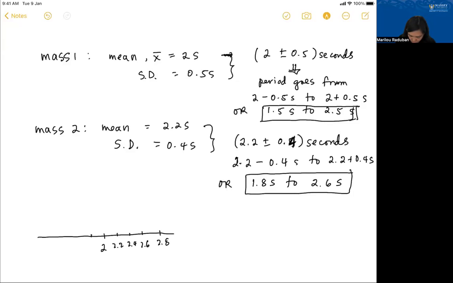And then on the other side, you have 1.8, 1.6, 1.4, 1.2. If you compare those two, for the first mass, you have a range of values of 1.5 to 2.5.